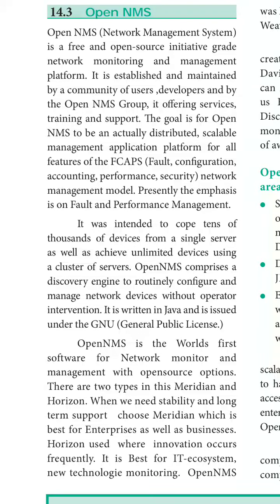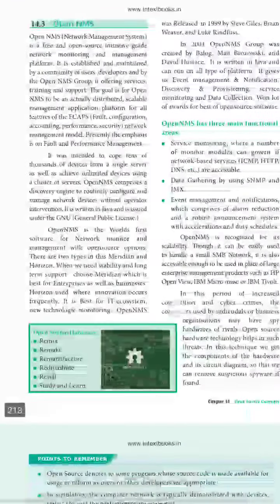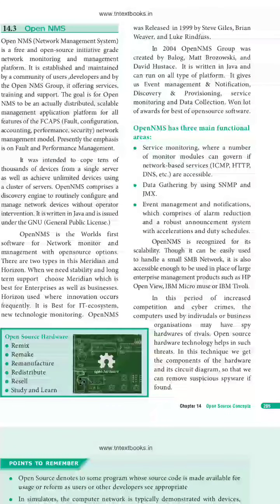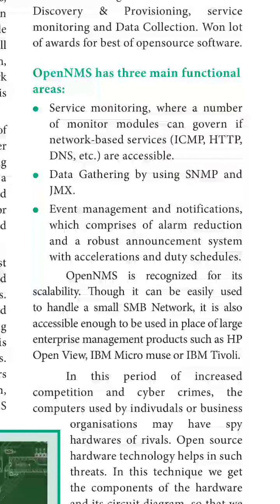It is under a general public license. You can download it and install it free of cost. Here you can see the three main functions of OpenNMS. Service monitoring, where a number of modules can govern network basic services like ICMP, HTTP, DNS, etc. Data is gathered using SNMP and JMX.